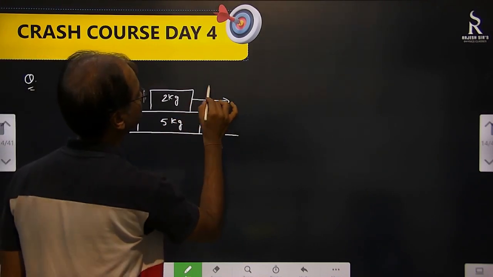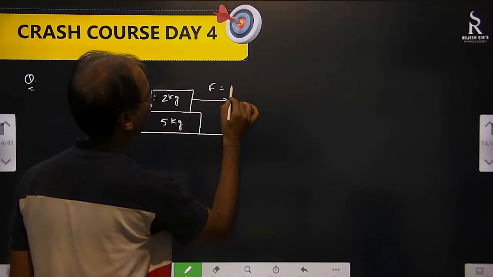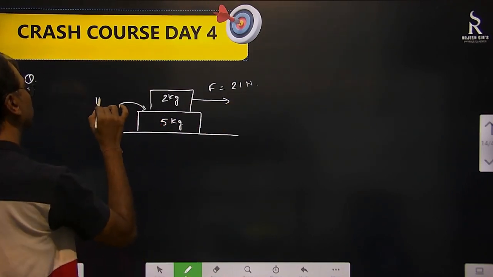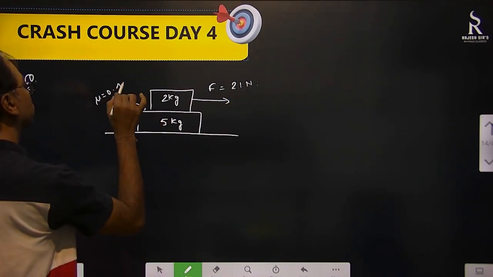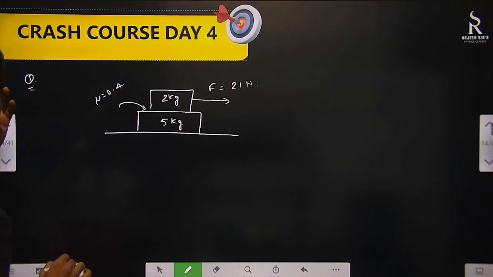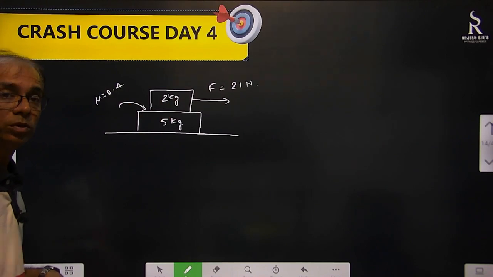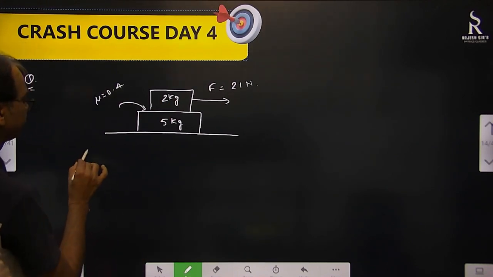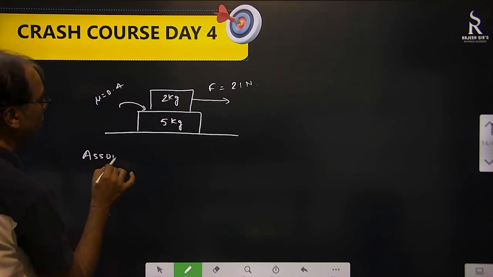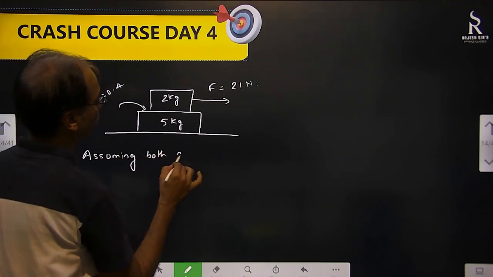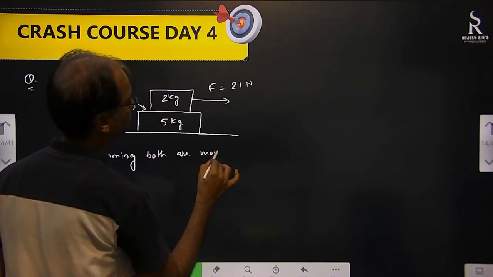Force is here. F equal to 21 Newton. Friction is same, 0.4. Question is also same, find acceleration of both the blocks. So how to proceed? First we will consider both are moving together. Okay. Assuming both are moving together.